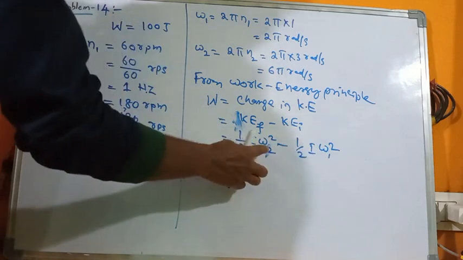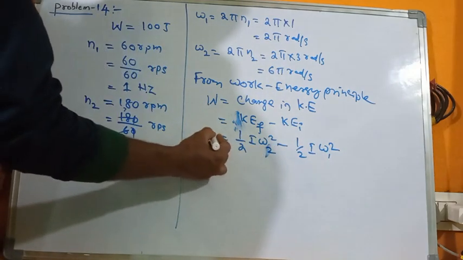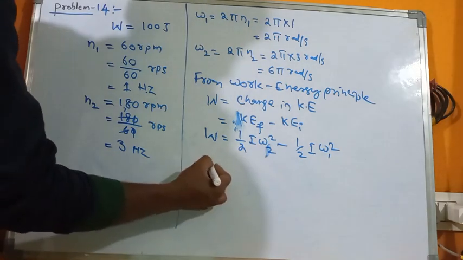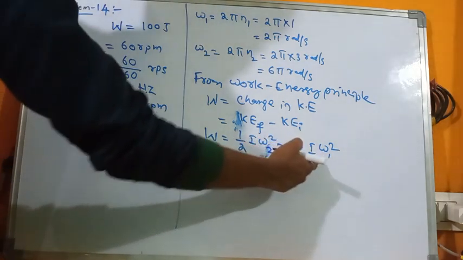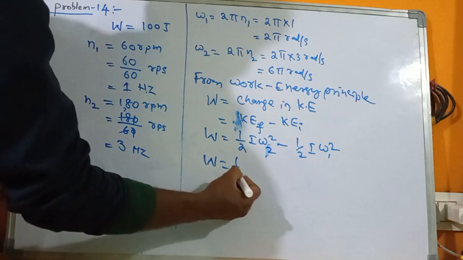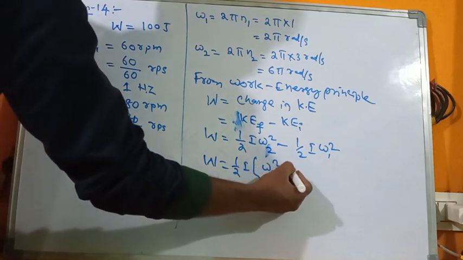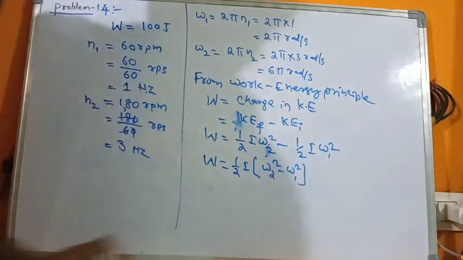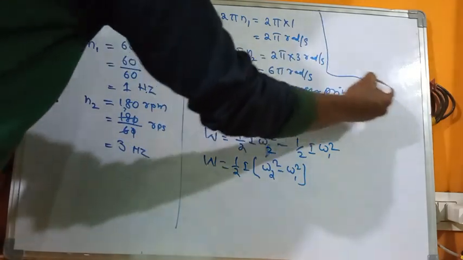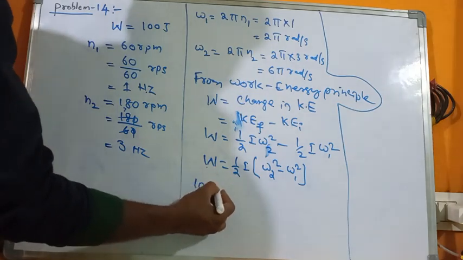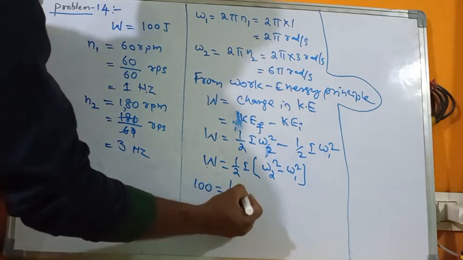Final kinetic energy minus initial kinetic energy is equal to work done. So from this, work done W is equal to, in both of them we have 1 by 2 I common, then omega 2 square minus omega 1 square.